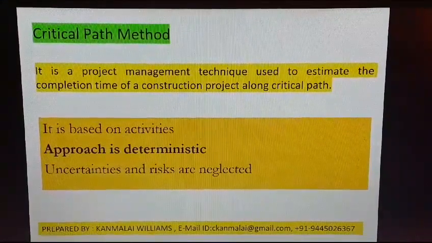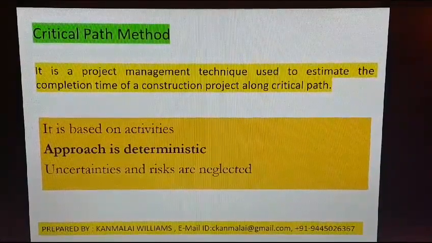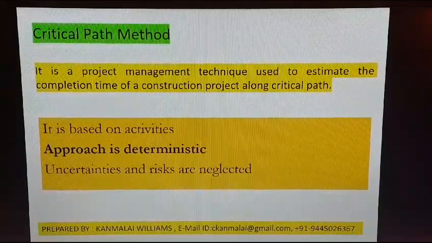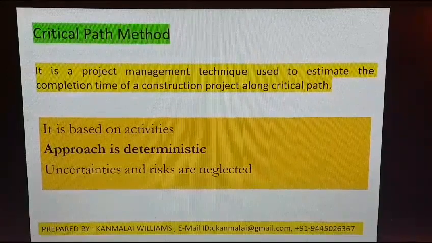It is a project management technique used to estimate the completion time of a construction project along its critical path. As we know, the critical path is a path which connects the critical activities, right? And CPM is always based on activities, and it is also deterministic in approach.